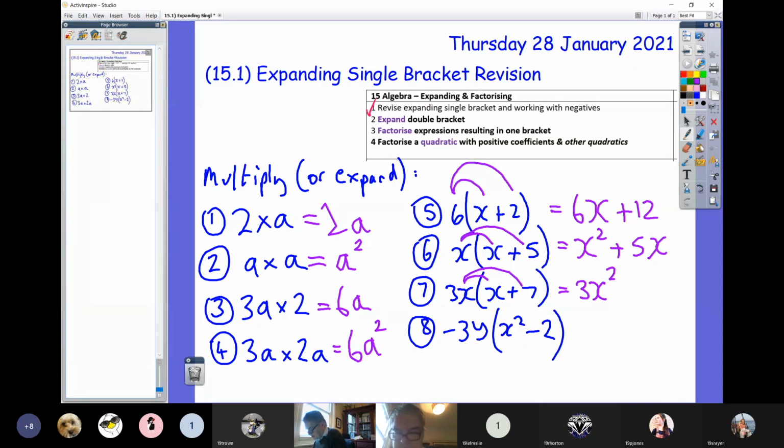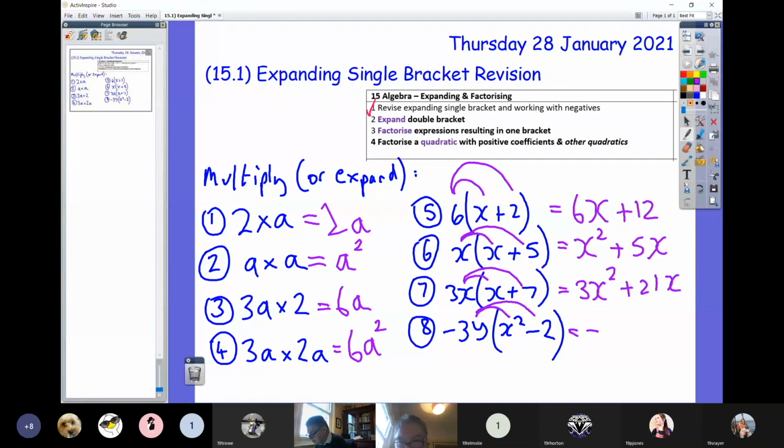Now, tricky one to finish, you've got to be ever so careful with your signs here. That minus 3y times x squared, that is a minus times a plus. And remember, when you're multiplying, if the signs are different, the net result is a negative. So we know this is going to be a minus number, okay? So we can sort of leave the sign out of it now. Now 3y times x squared, there's nothing really you can do there.